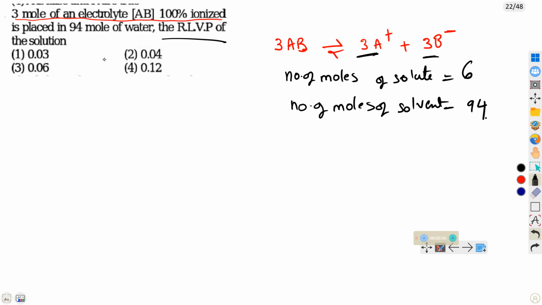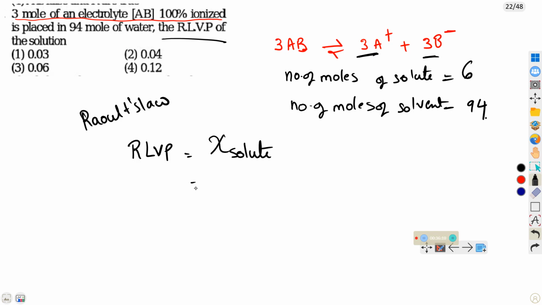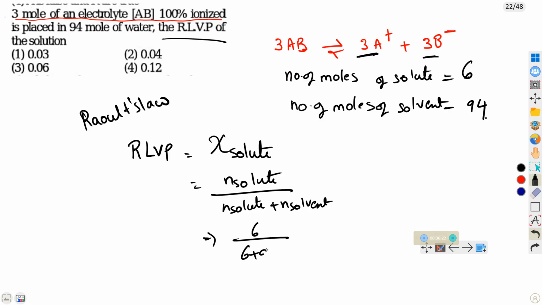Calculate the RLVP of the solution. According to Raoult's law, RLVP of the solution is directly proportional to mole fraction of solute: number of moles of solute by number of moles of solute plus number of moles of solvent. 6 by 6 plus 94, 6 by 100, that is equal to 0.06. Third option is correct.